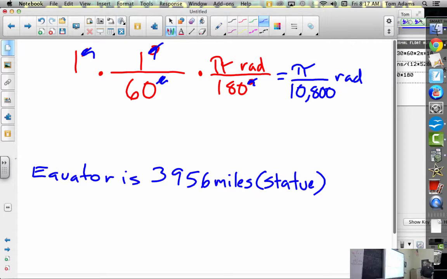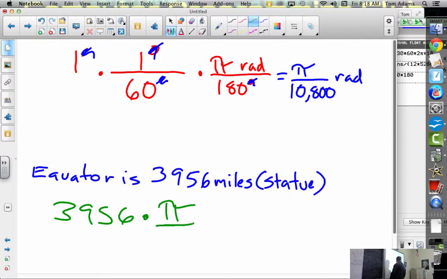So now, how do I go from this? What we're trying to figure out is how long is a nautical mile in statute miles? Well, the equator is 360 degrees, and a nautical mile is this ratio of that. So the only thing I really have to do is go 39.56 times pi over 10,800.